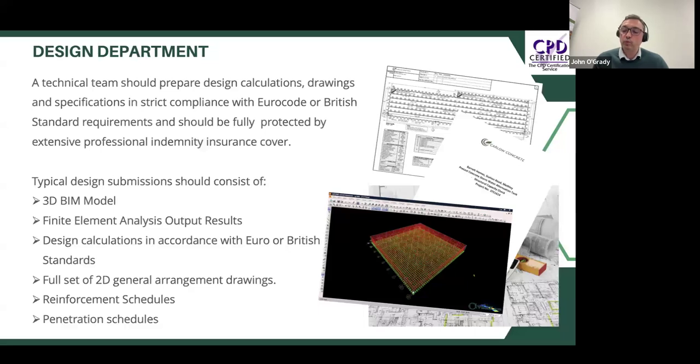What happens is a drainage consultant or a civil engineering consultant will come up with a drainage plan for a site, and the volume that's required in terms of stormwater detention, and maybe pass it to somebody like ourselves, who would then come up with a full set of general arrangement drawings and design calculations in line with those standards that I mentioned.